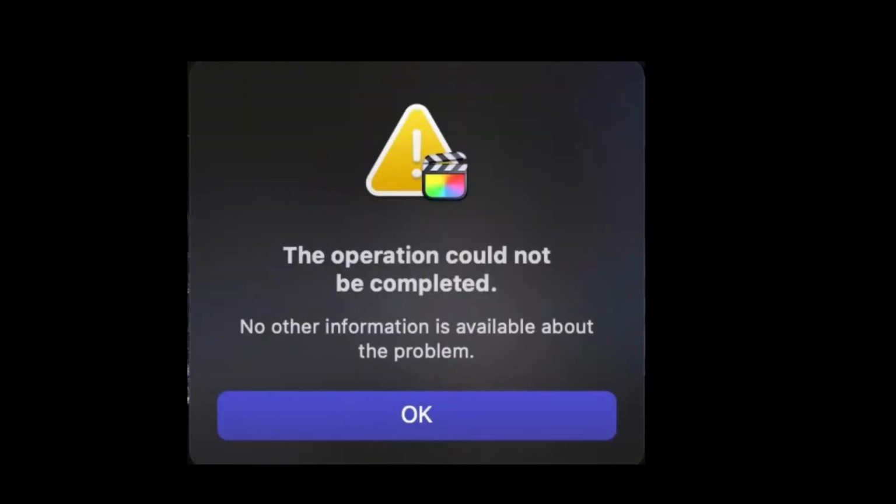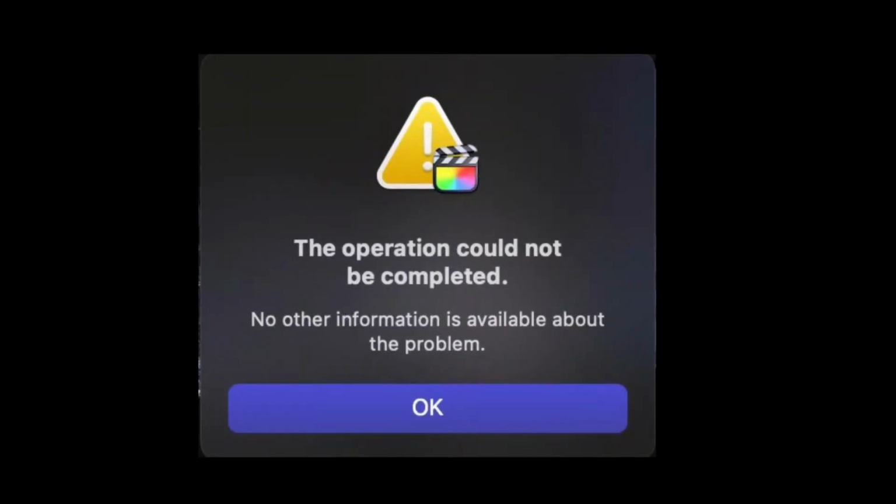This is an interesting one. The operation could not be completed. No other information is available about the problem.